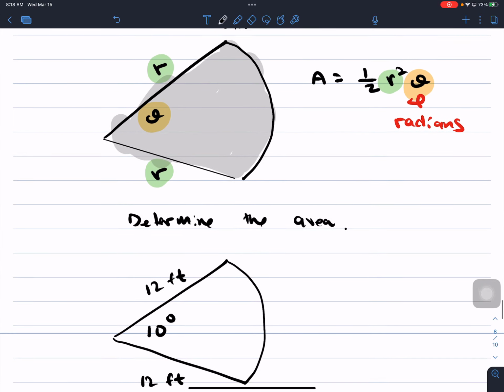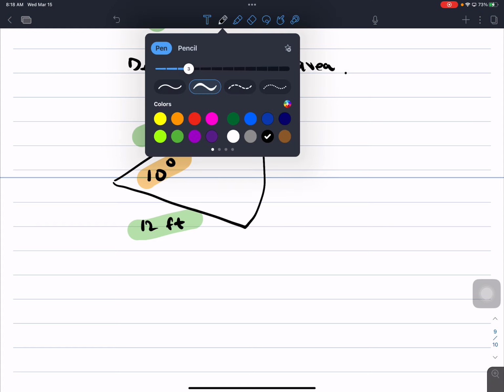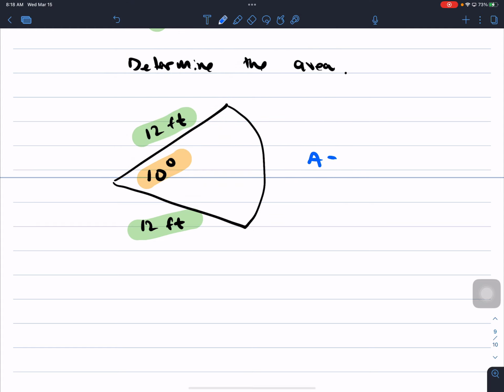Okay? So they're giving you the radius, they're giving you the angle, but the problem is the angle is not in what? Radians. Okay, so let's see, how do we use that formula? A is 1/2 r squared theta. Here's how we use the formula, ladies and gentlemen.